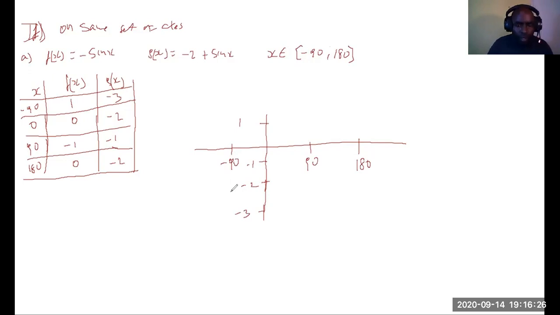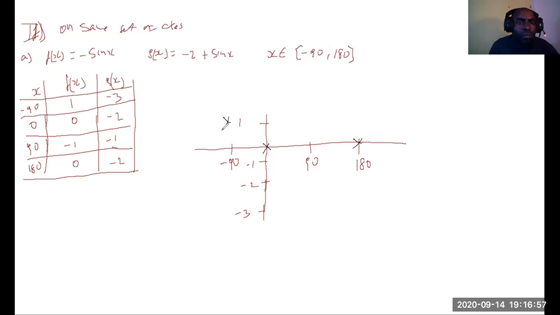So let's have one color for the first one. Let's have it as dark. So f, what do we have? Our zeros is at 0 and at 180. Our maximum, negative 90, we have got 1.